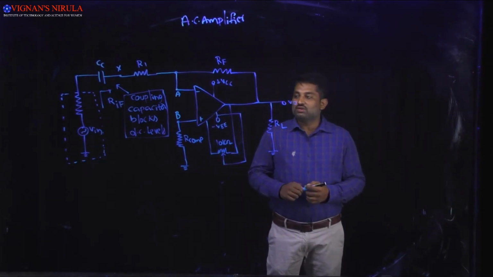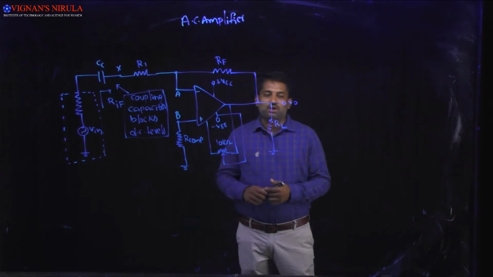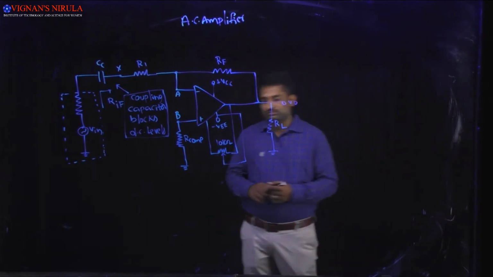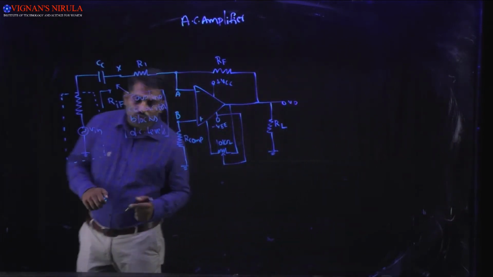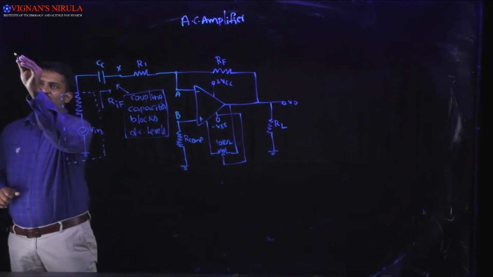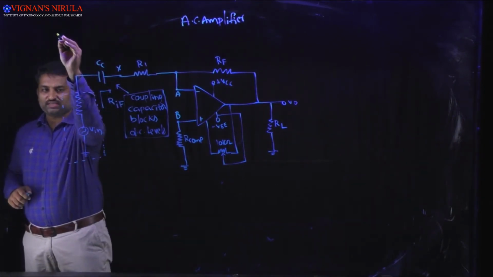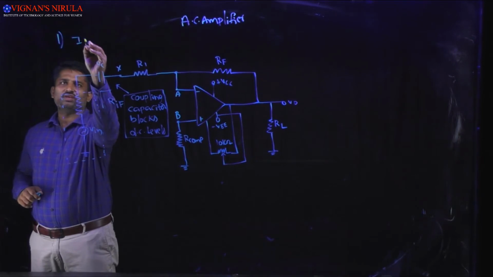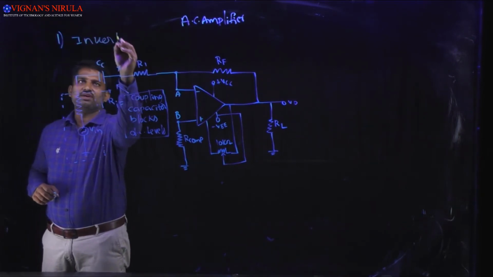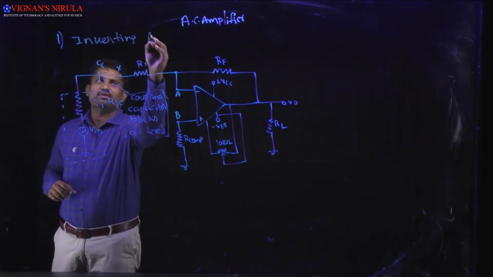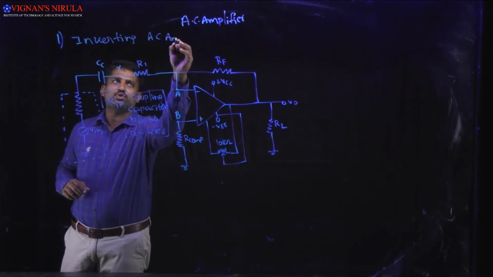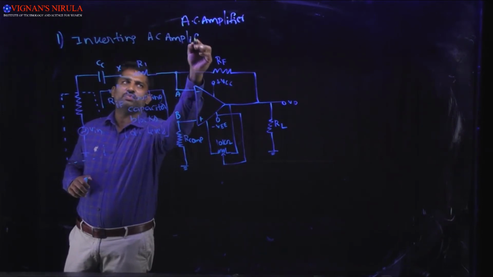The main types of AC amplifiers: we have 2 types, one is the inverting AC amplifier and the other is the non-inverting AC amplifier. First we are going to discuss the inverting AC amplifier.